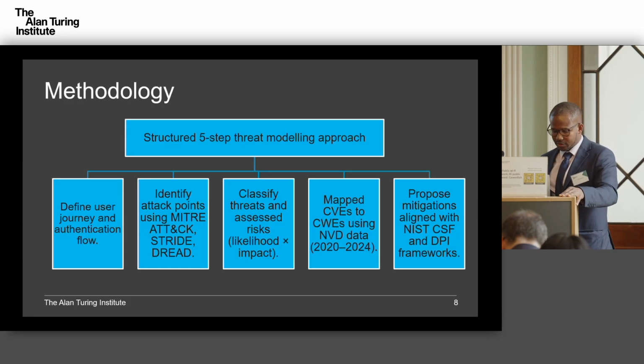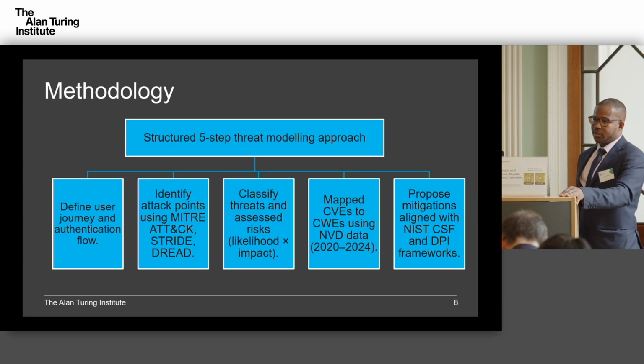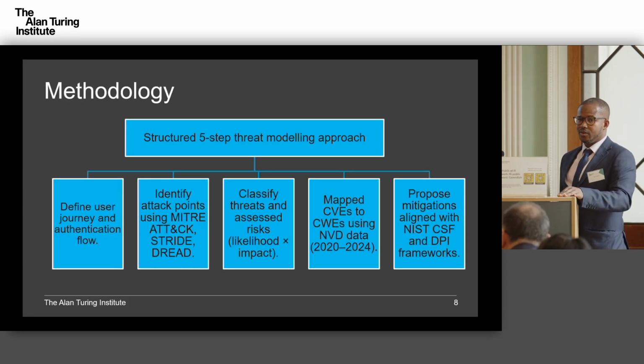To do this, we settled on a methodology where we defined the user journeys and the authentication flow of the MOSIP biometric system.